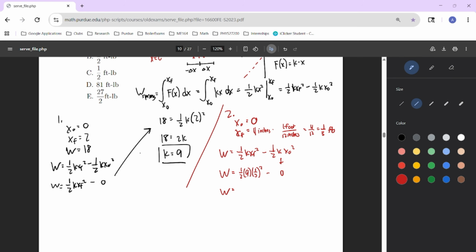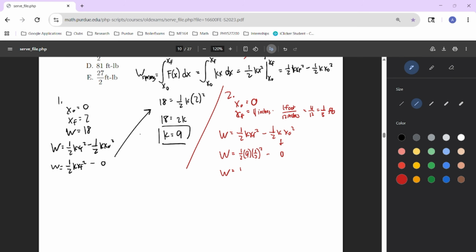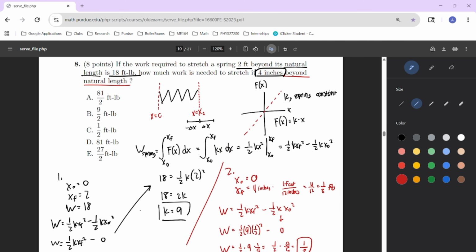Now this just becomes simplification. This would become 1/2 times 9 times 1/9. That would become 1/2 times 9 over 9, and that would simply become 1/2. So the work done on this system would just be 1/2 of a foot-pound, which is answer C.